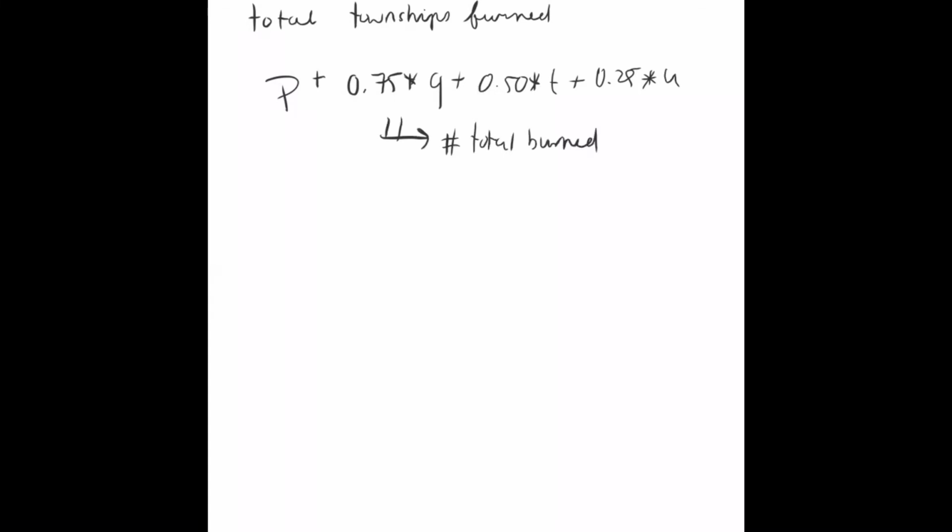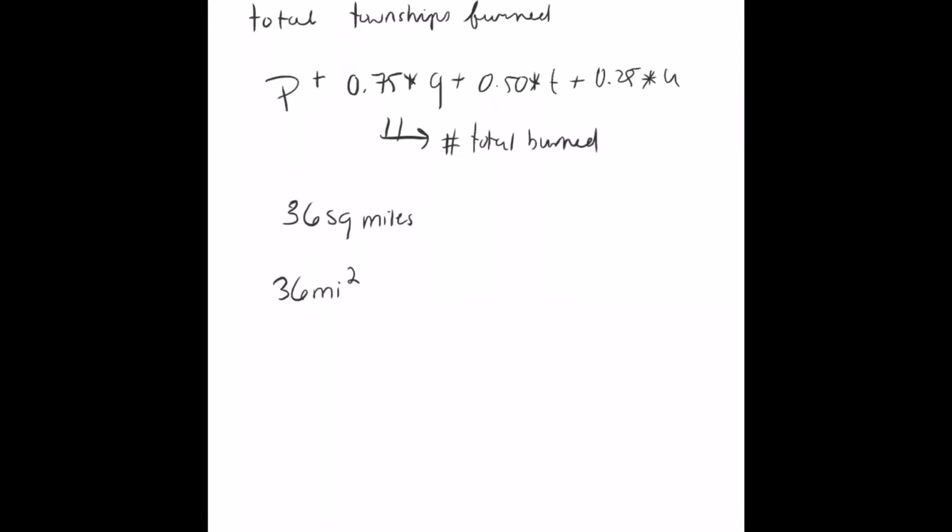All right, so then we have to calculate our area burned. In the text, we're given that one township is equal to 36 square miles, or you can also represent it as L squared, right?